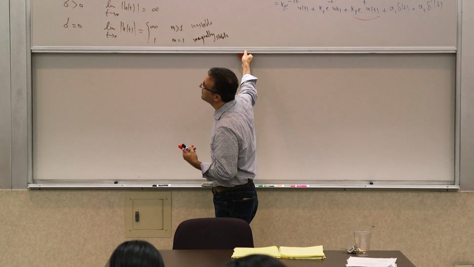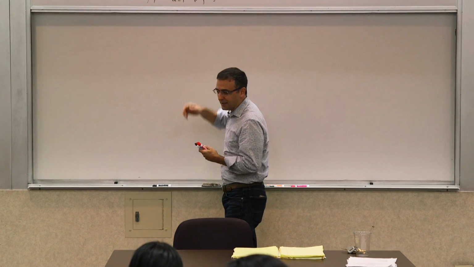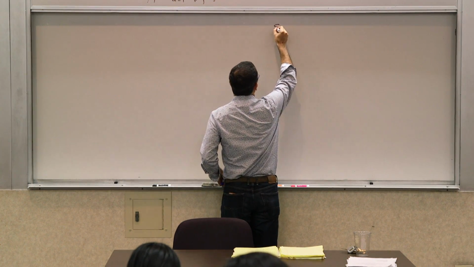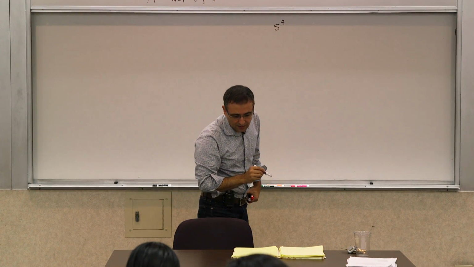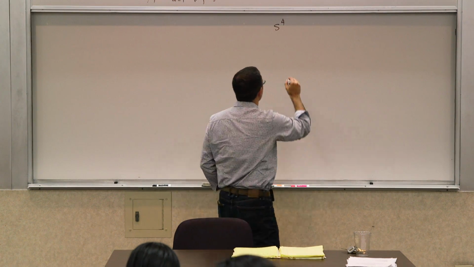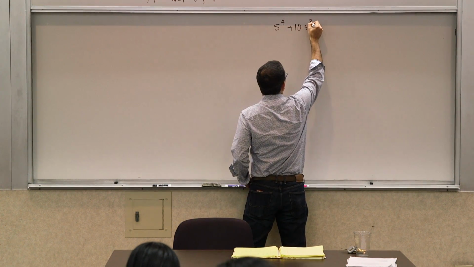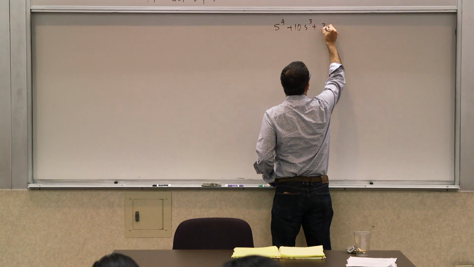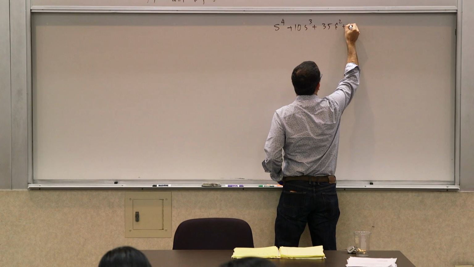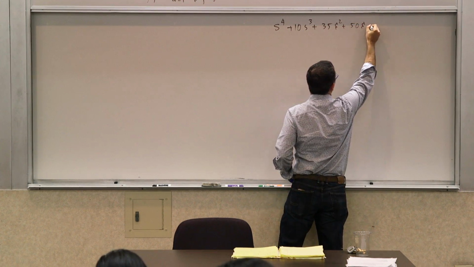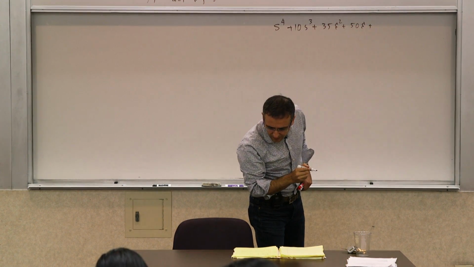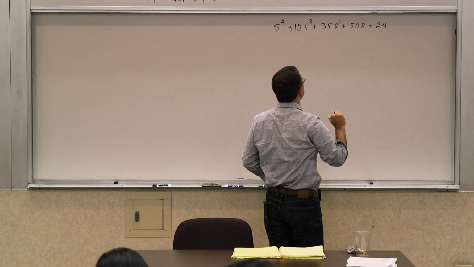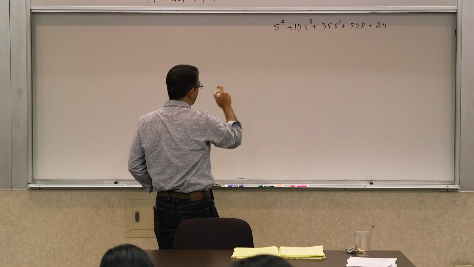So now the question is, fine, we know the criterion. How do we determine if something is stable if I give you a polynomial? Let me give you two polynomials. s to the 4 plus 10s to the 3 plus 35s squared plus 50s plus 24. So let's say I have given you a transfer function that has this as a denominator.